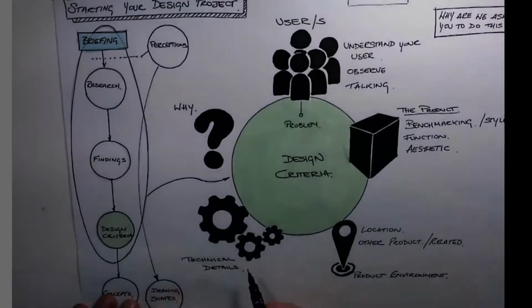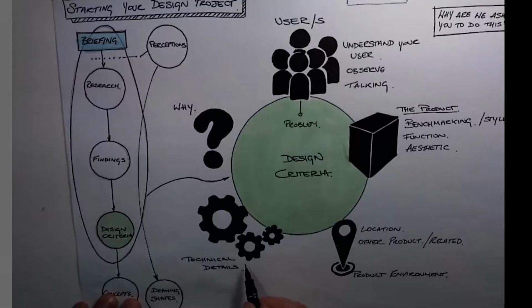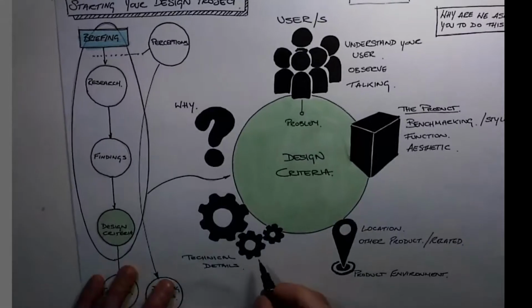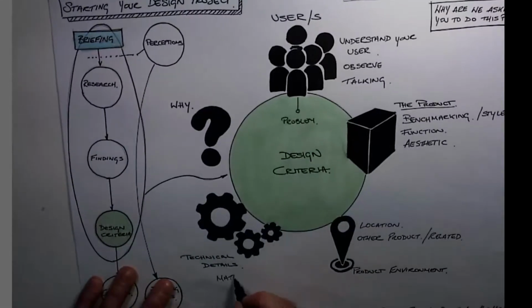Now, then we go over to this one, which is our technical detailing. And that can be down to the materials that are in it. It could be down to mechanisms or components.